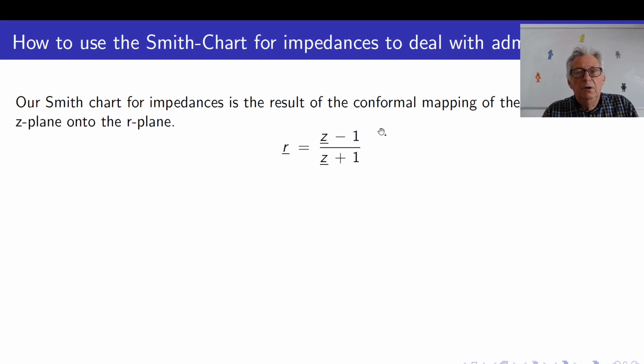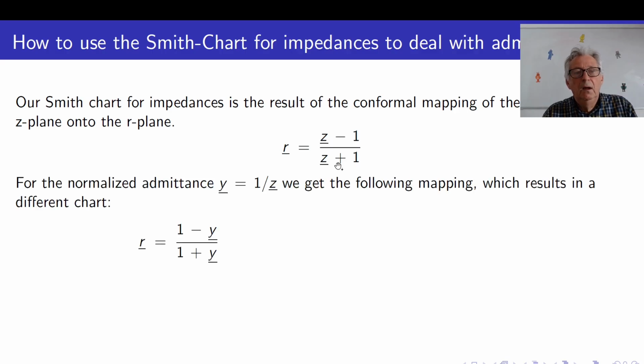And our Smith chart for impedances is a result of the conformal mapping of the Z-plane onto the R-plane. For the normalized admittance, which is Y is 1 over Z, we get the following mapping, which results, of course, in a different chart. We would have R is now 1 minus Y divided by 1 plus Y. Of course, this conformal mapping is different to this conformal mapping.